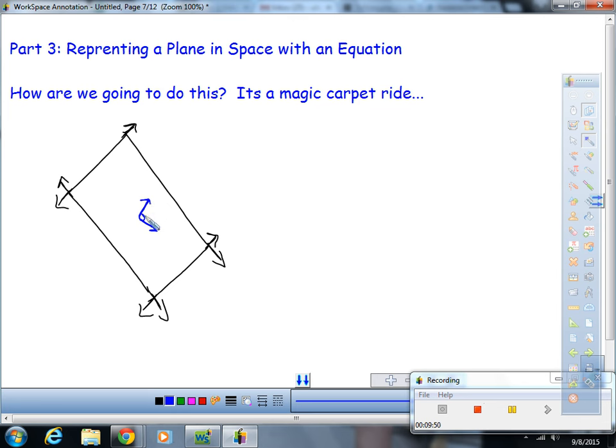Okay, so right here is a right angle, and this thing right here, that's our joystick. So if our plane looked like this, then our joystick might be facing up.